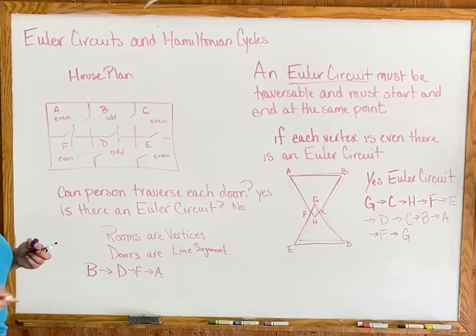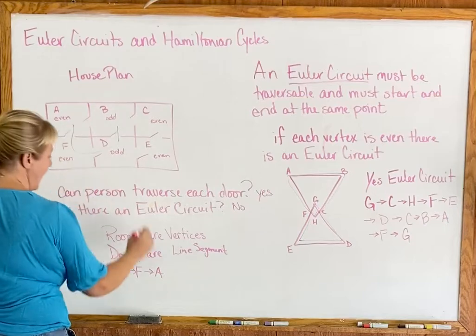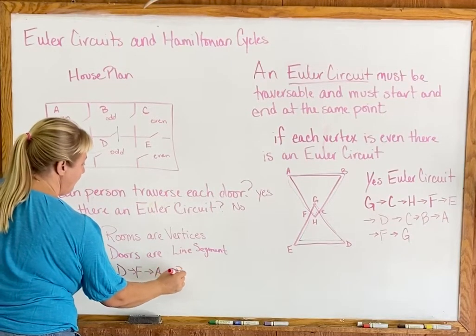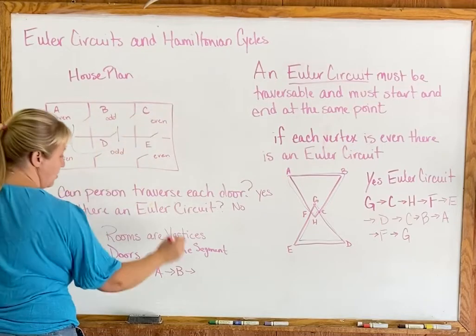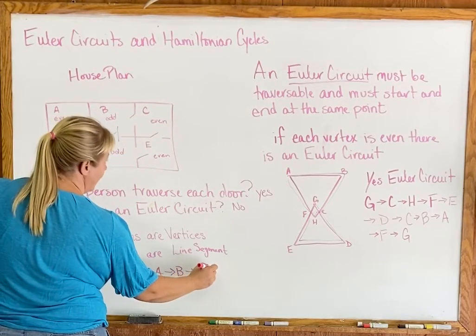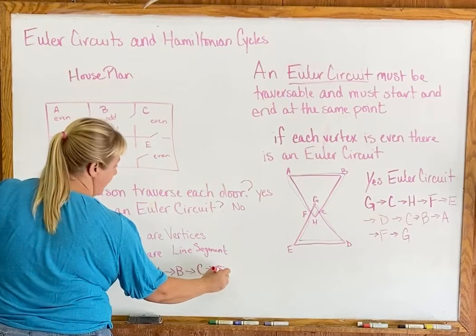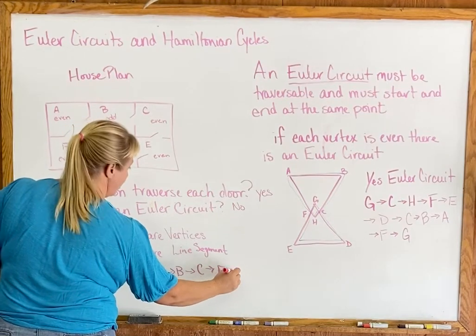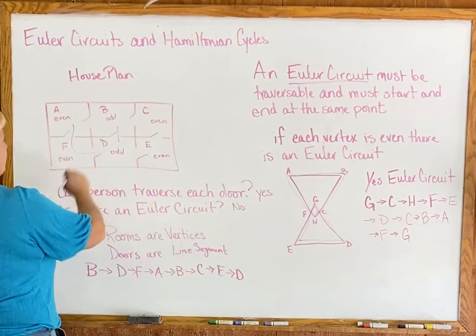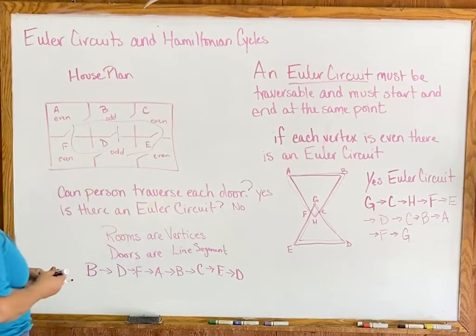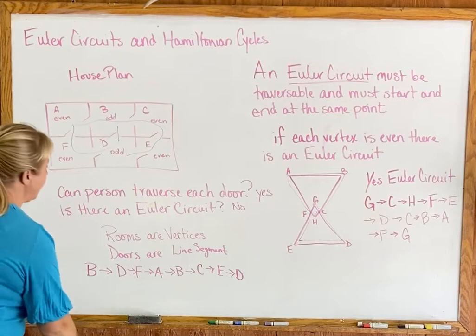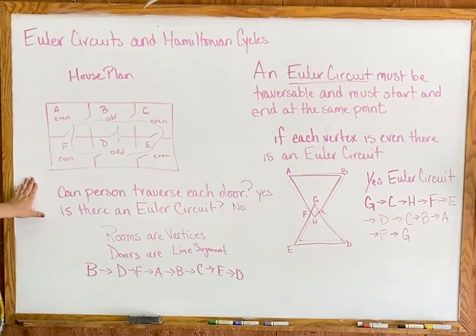Now I don't have a choice anymore, right? From A, I've got to go over to B, and then I've already gone through this door, so I've got to go over this way, over to C, down to E, and back over to D. But traversable in this case means, can you go through every single door?